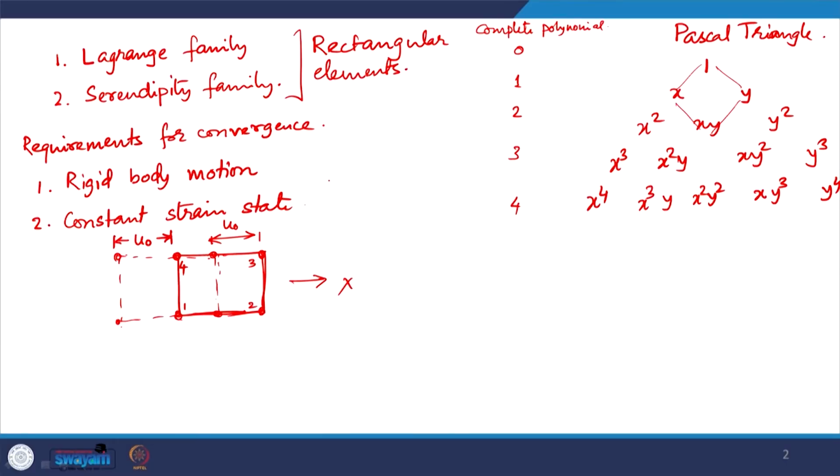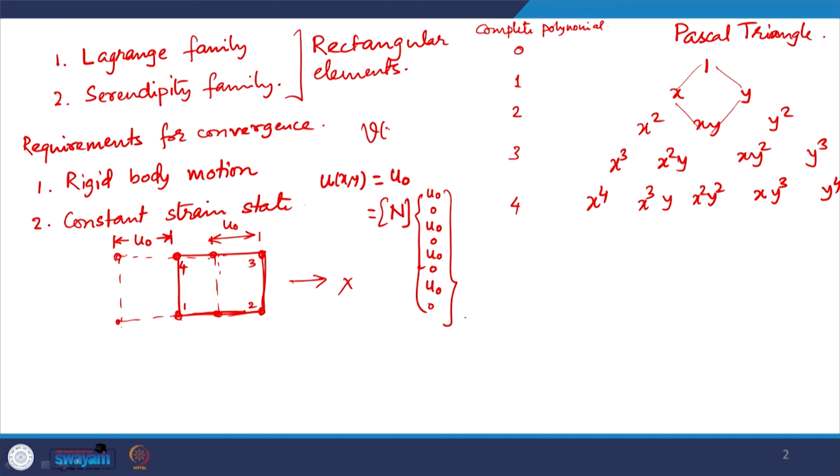So, if that happens, then this motion should be captured. So, when I say u 0, the nodal displacement of each of these 4 nodes is the same u 0. So, u at x y is equal to u 0 and this should be equal to N multiplied by u 0, u 0, u 0, u 0. That is the vertical component, the displacement along the y direction is 0.